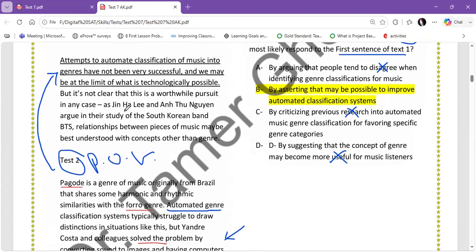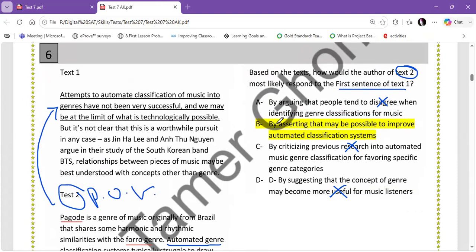Okay, let's find how it applies. Attempts to automate classification of music into genre have not been very successful. No, it's successful. Here, Yandri helped in solving this problem. And we may be at the limit of what is technologically possible. No, we helped in solving this problem. By arguing that people tend to disagree when identifying genre classification for music, this is out of topic.